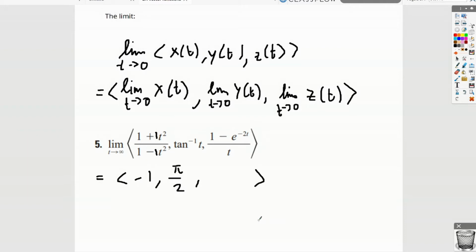Then 1 minus e to the negative 2t, over t. e to the negative 2t decays down, and the limit as t approaches infinity of e to the negative 2t eventually goes to 0. So 1 minus 0 is 1, and then 1 over infinity is 0. So the limit is 0. So that is what you should get.